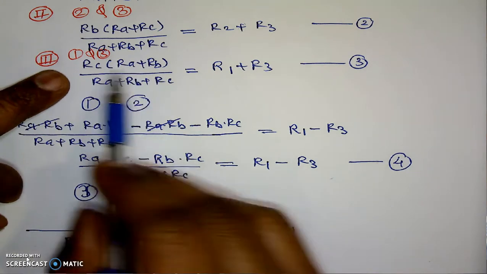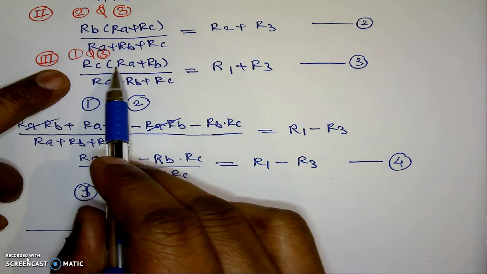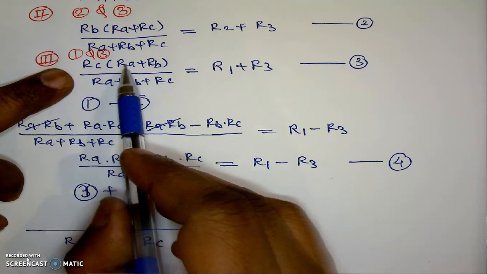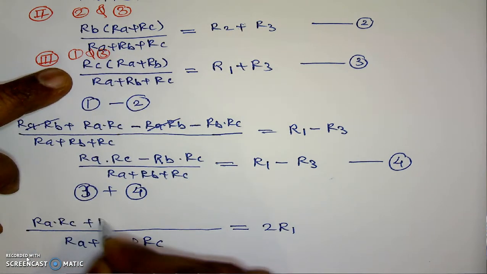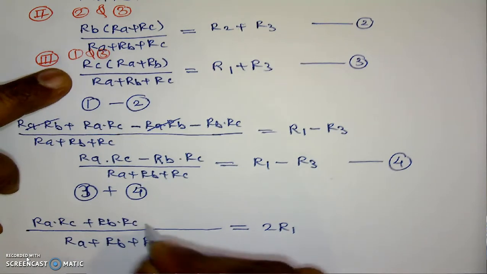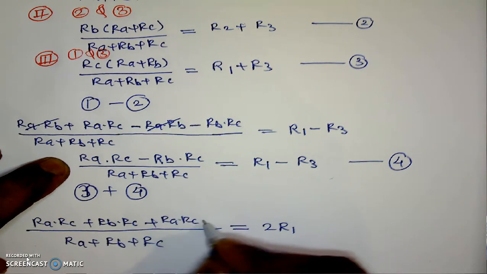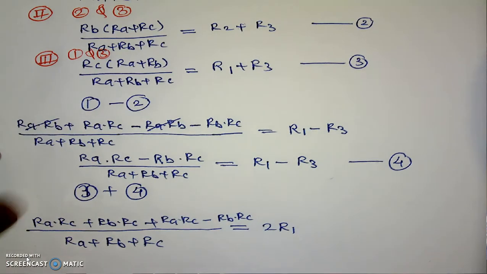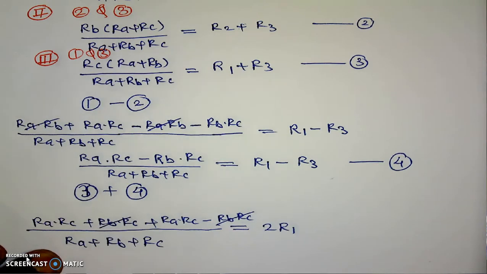Now I will simplify the left hand side of equation number 3 first, and then add it with the numerator of equation number 4. Now RA into RC plus RB into RC, plus RA into RC minus RB into RC. The minus RB RC is cancelling with the plus RB RC.